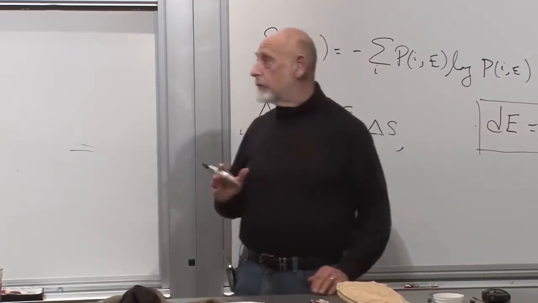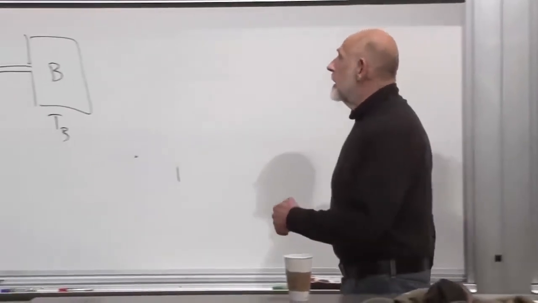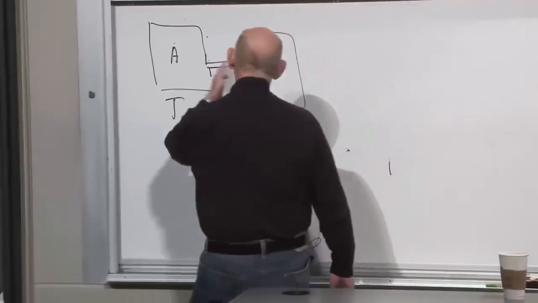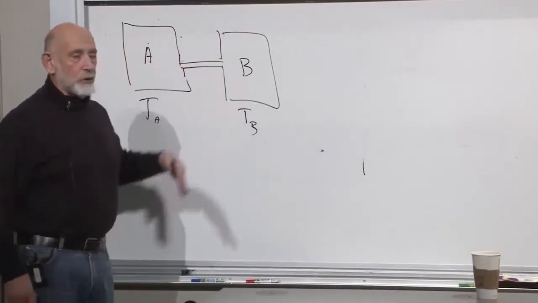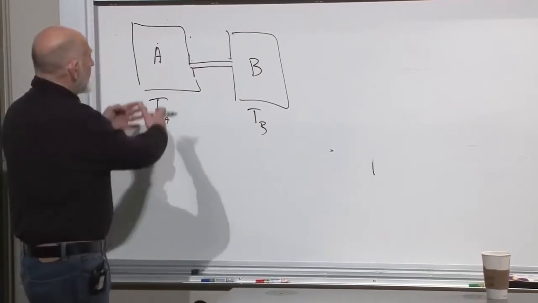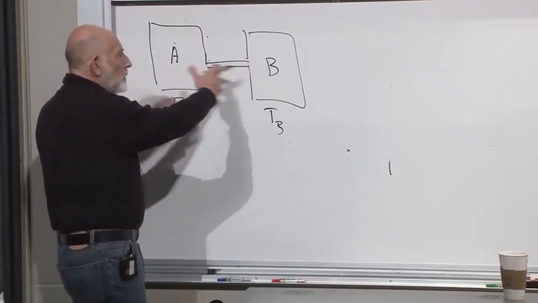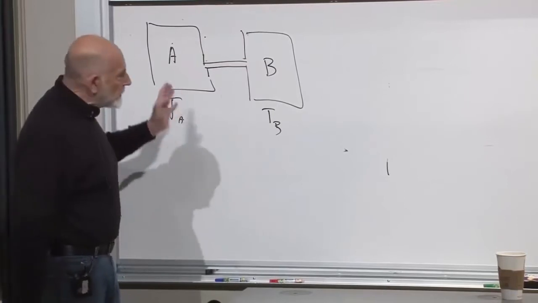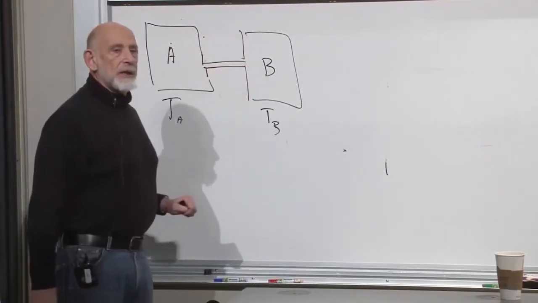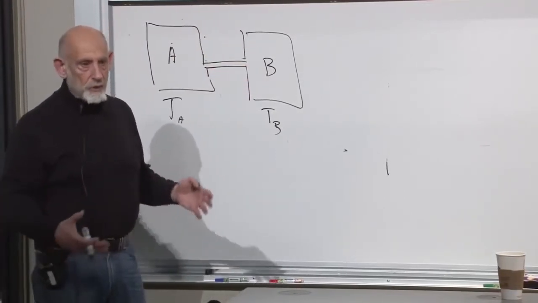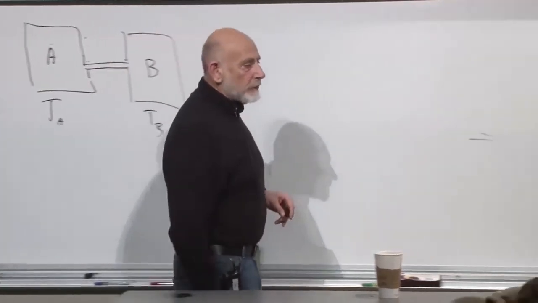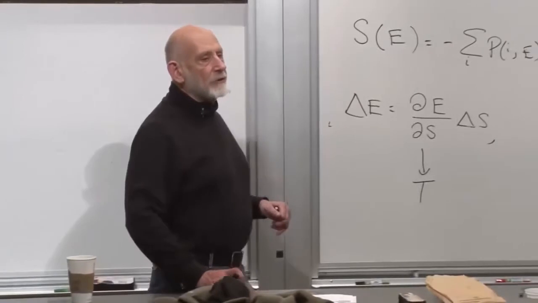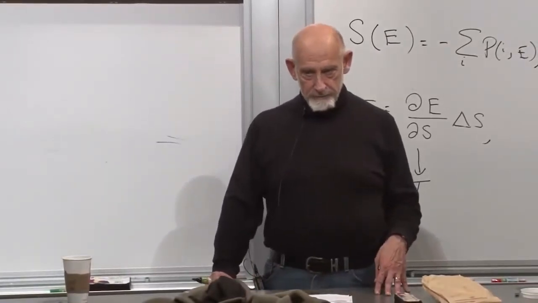The second law says that when you allow A and B to equilibrate, energy will flow one way or the other, we don't know which, but eventually it will come to some sort of compromise equilibrium, and the entropy increases.